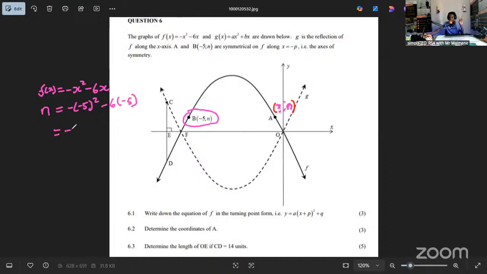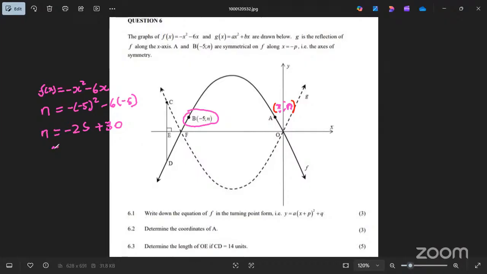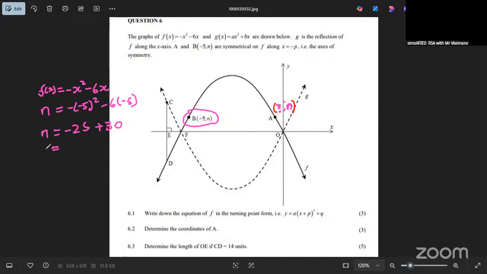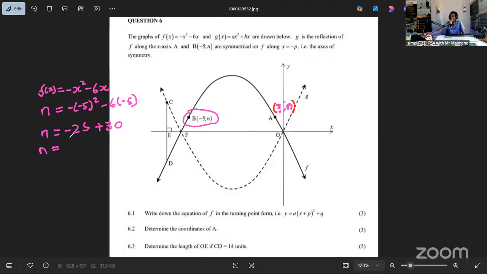Therefore, there's going to be minus 25. n is equals to minus 25 plus what? 6 times minus 5 gives 30. Then n is positive 5.